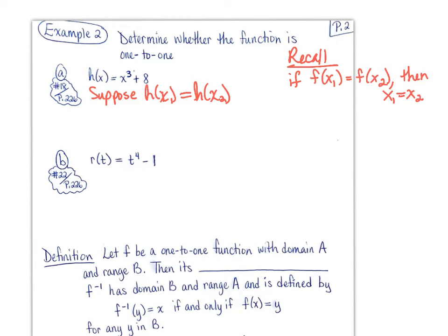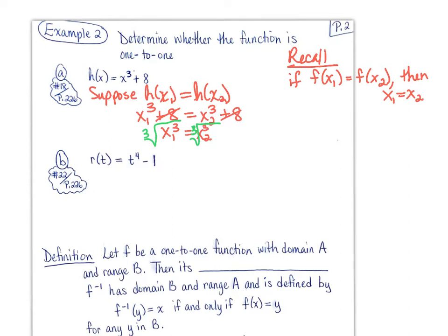H of x1 is x1 cubed plus 8. What's h of x2? Good. It's x2 cubed plus 8. Now we subtract 8 from both sides, which means they go away. That leaves us with x1 cubed equals x2 cubed. Then we can take the cube root of both sides.